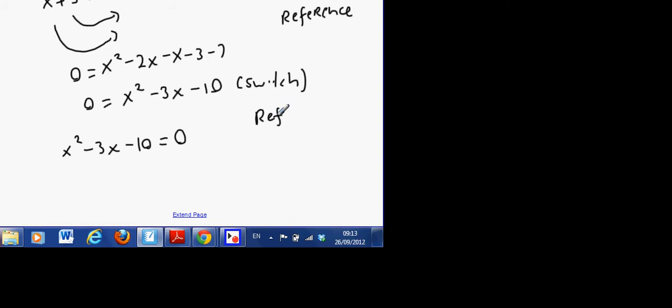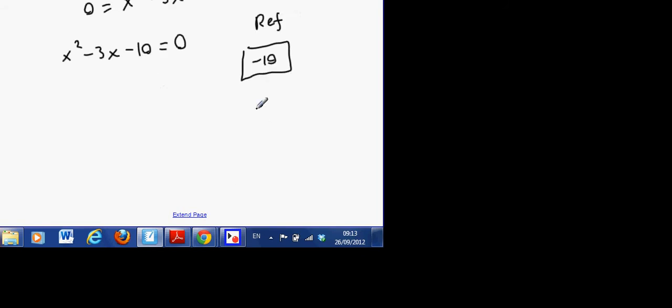So the reference number is minus 10, and as Jack said, he went straight into it and said, you know what, this is going to be minus 5 and plus 2. We'll do the extra step as we always do, just to make sure that we get it. So King, can you factorize this for me? x squared minus 3x minus 10. x into what?